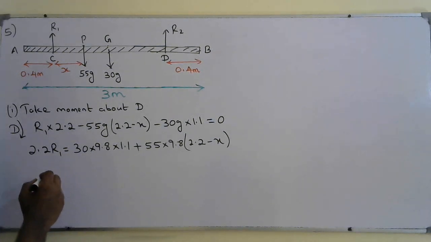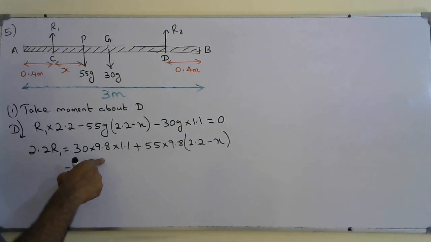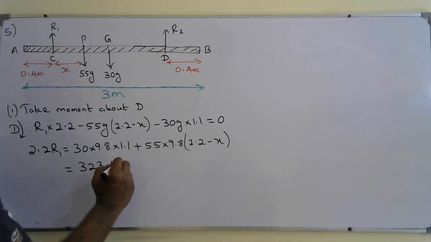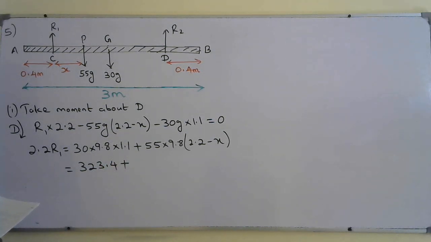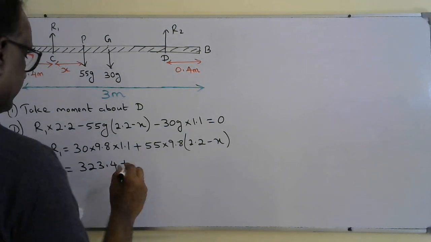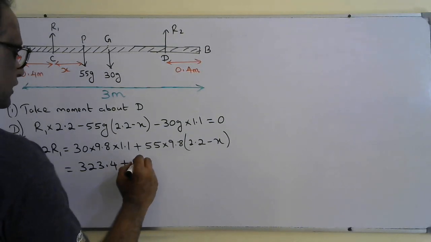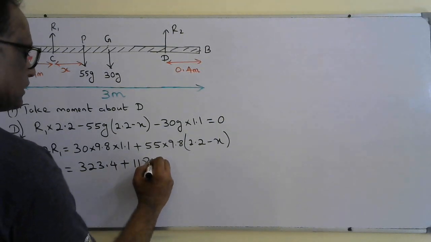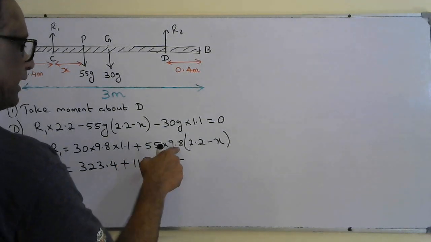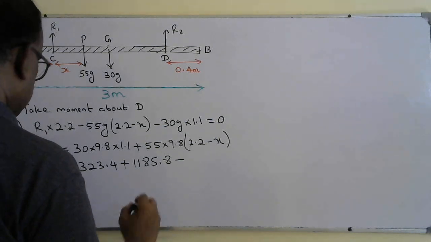So that is 30 into 9.8 into 1.1, that is 323.4, plus 55 into 9.8 into 2.2, that is 1185.8, minus 55 into 9.8 into x, that is 539x.